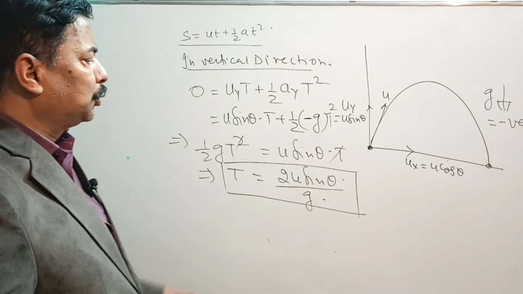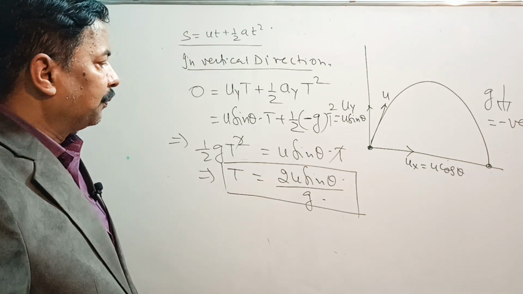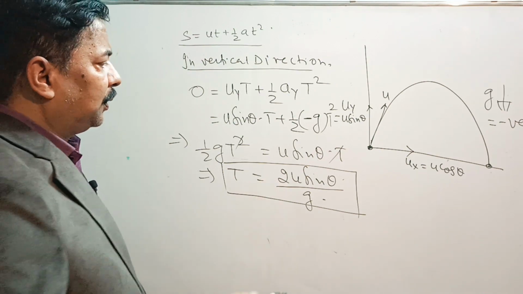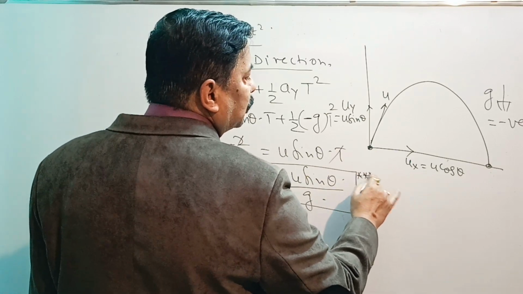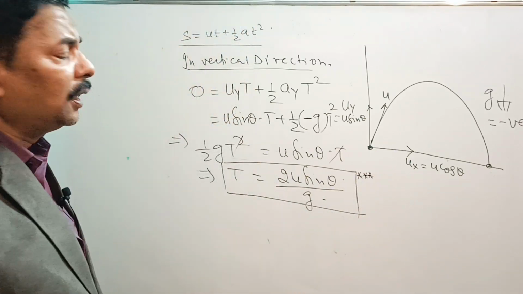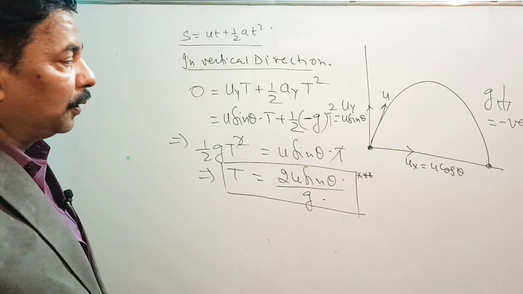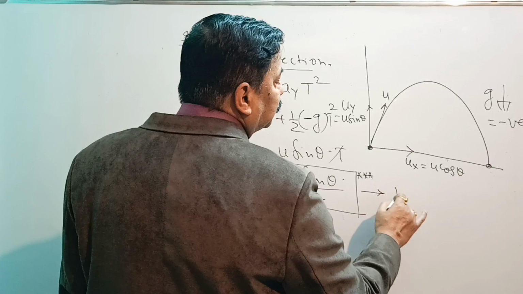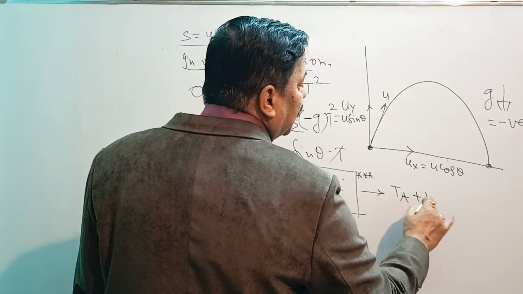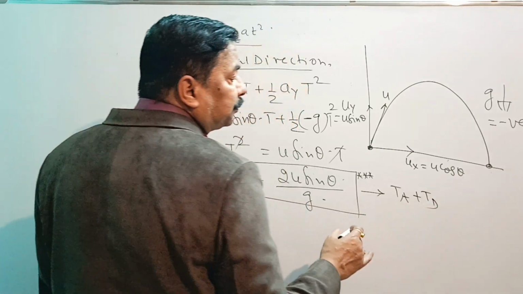Time of flight is 2u sine theta by g, and this expression should be remembered by the student. While solving the numerical, it will be very helpful. This time of flight has two portions: one is time of ascent plus one is time of descent.